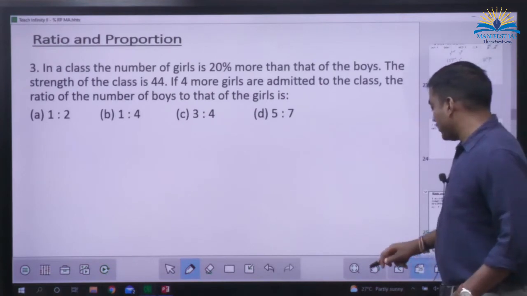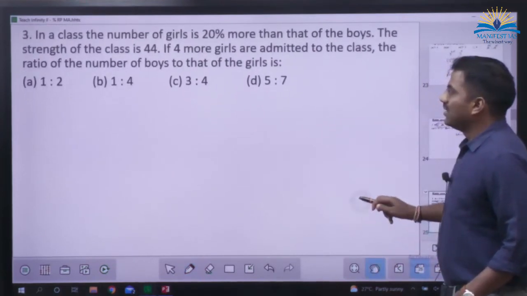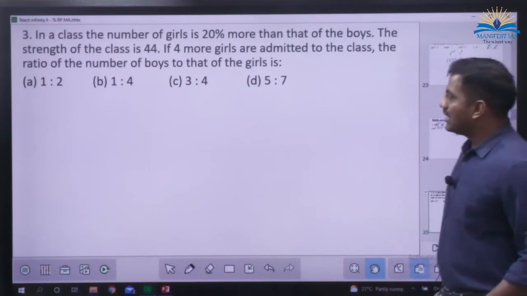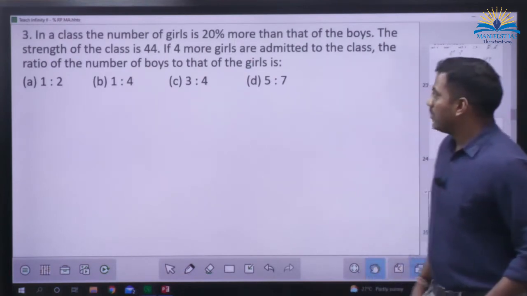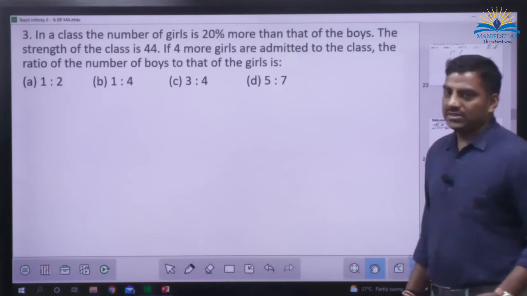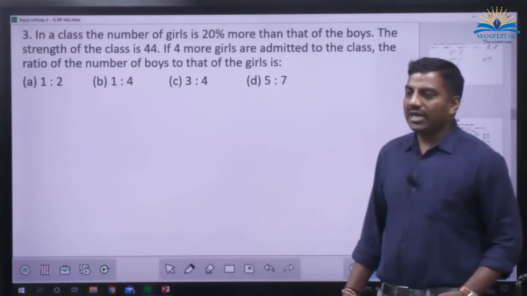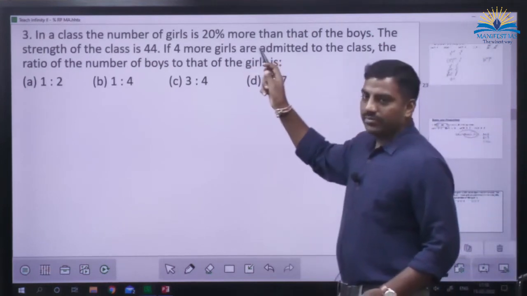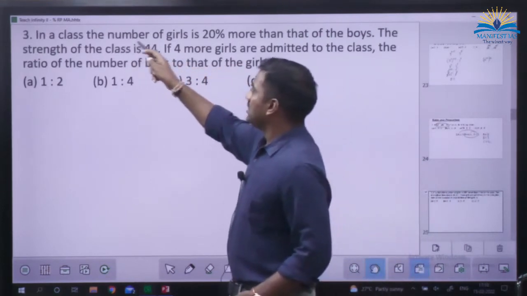In a class, the number of girls is 20% more than that of the boys. Can you write an equation out of it?